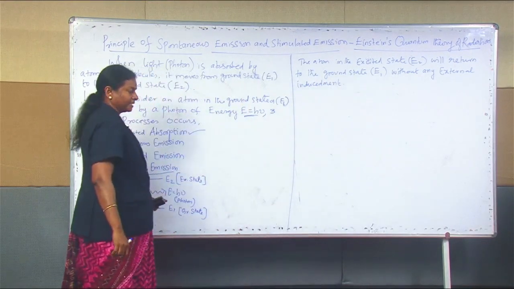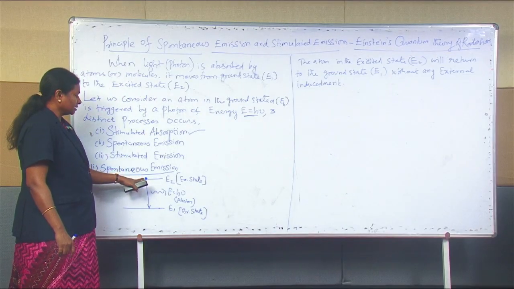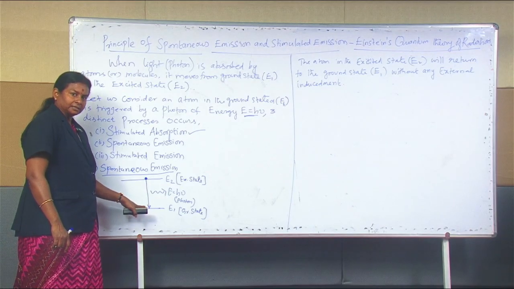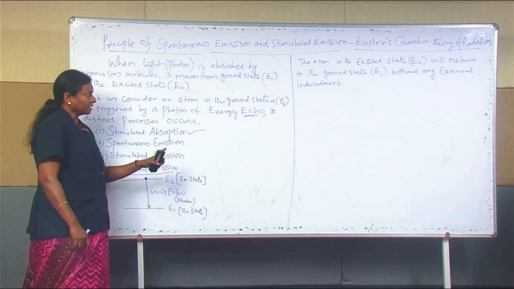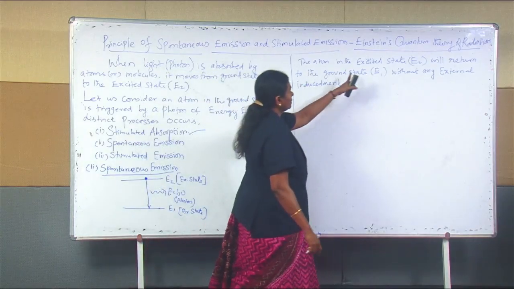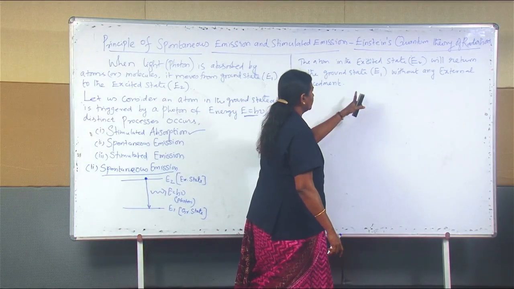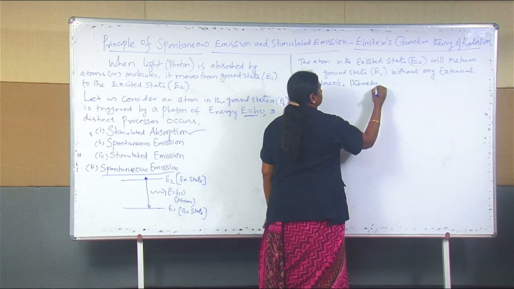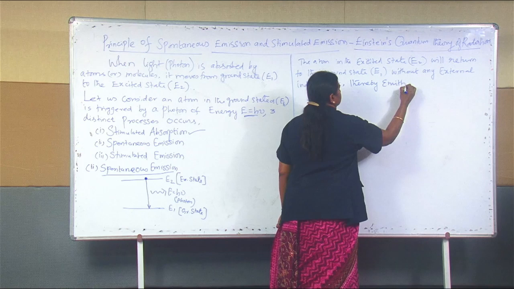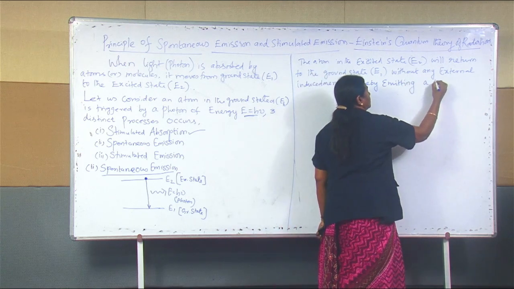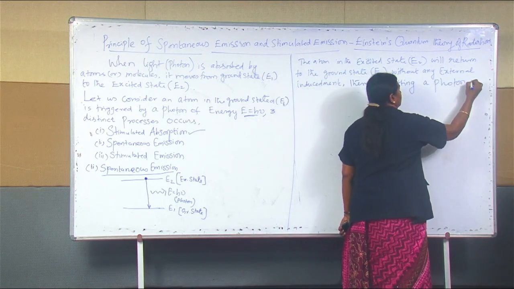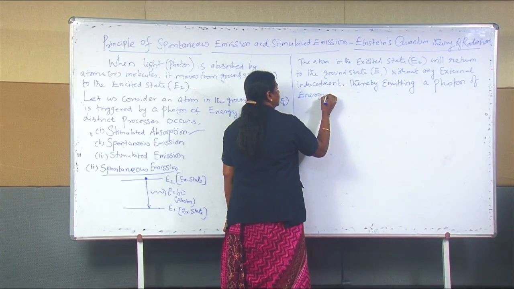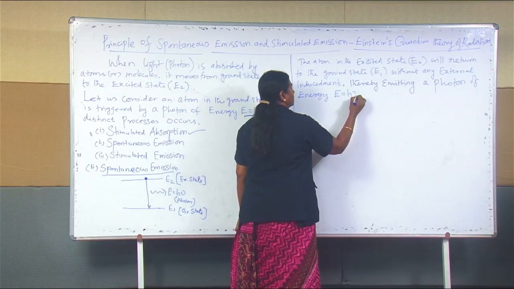So, now we have explained this process. Without any external inducement, the atom returns to the ground state. During that emission, what else will it do? The atom in the excited state will return to the ground state without any external triggering, thereby emitting a photon of energy equal to h nu.